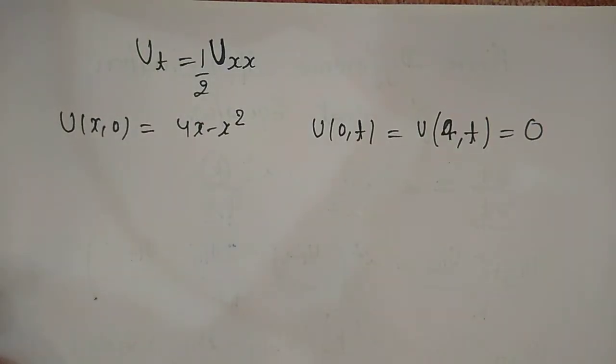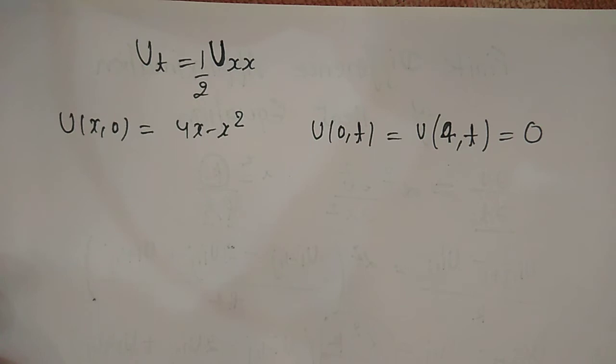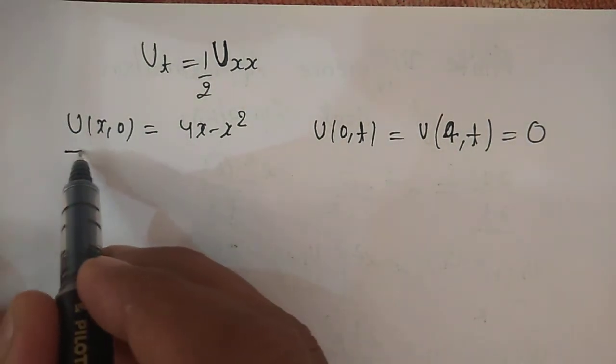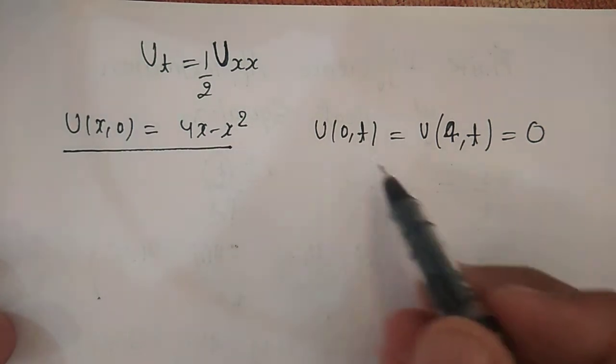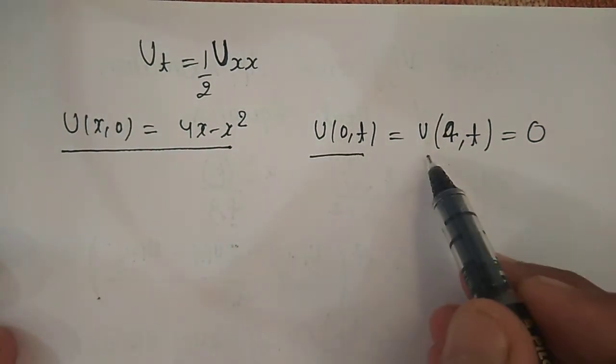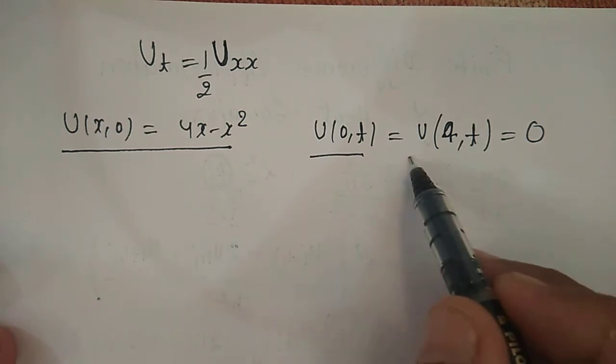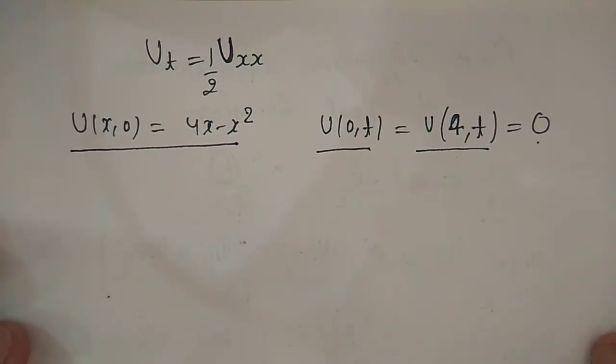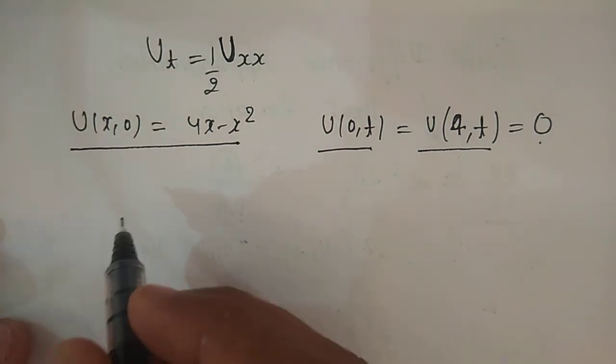This is the problem given: u_t equal to half u_xx, and this is the boundary condition: u(x,0) equal to 4x minus x square, u(0,t) equal to u(4,t) equal to 0. Now let us try to find the value of lambda first.